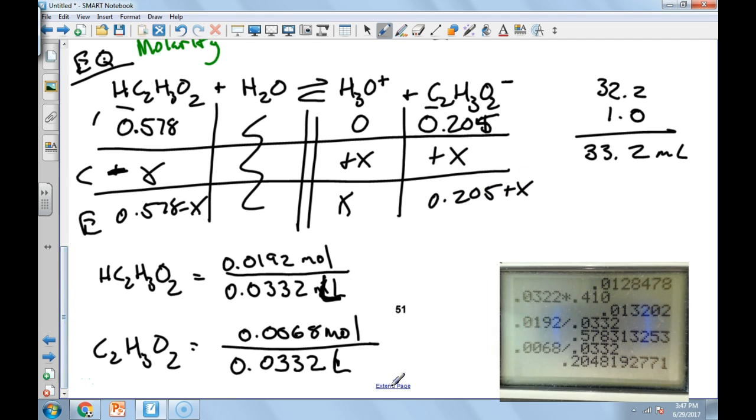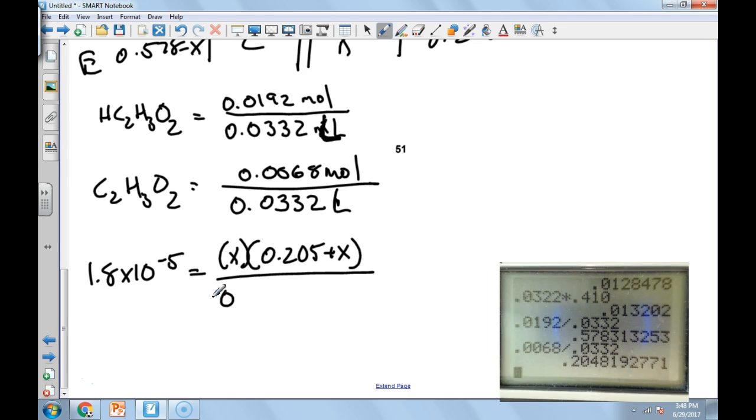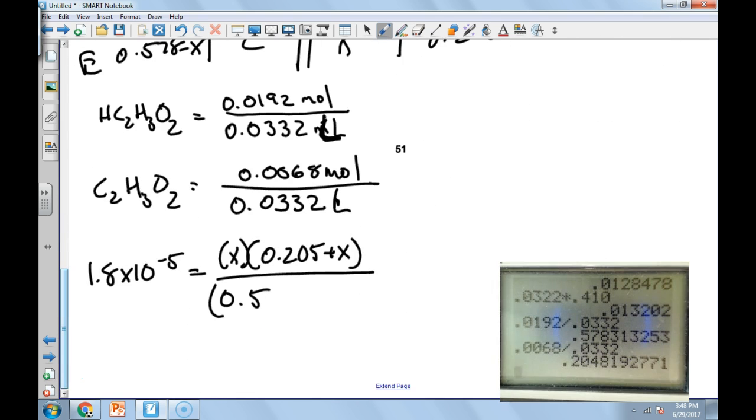And so now we can use our equilibrium expression. 1.8 times 10 to the minus 5 equals the products, which is x times 0.205 plus x, over 0.578 minus x. Solve for x.